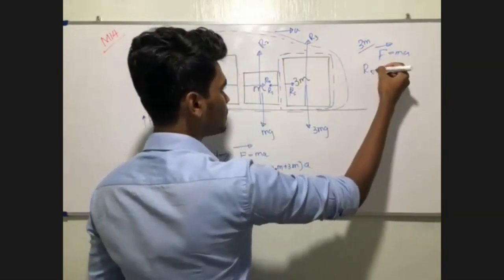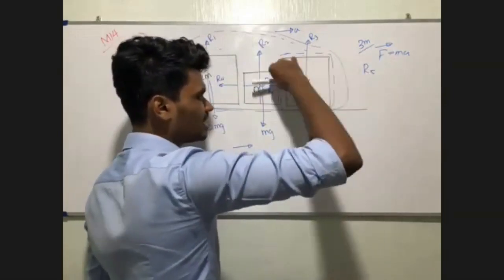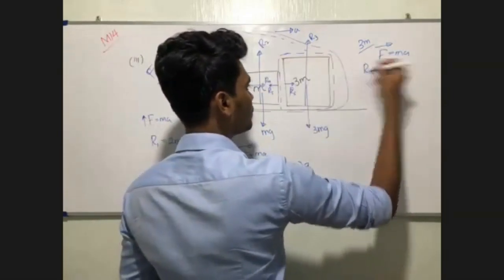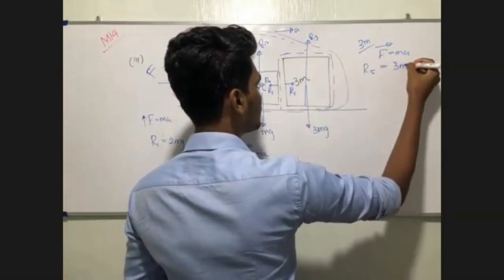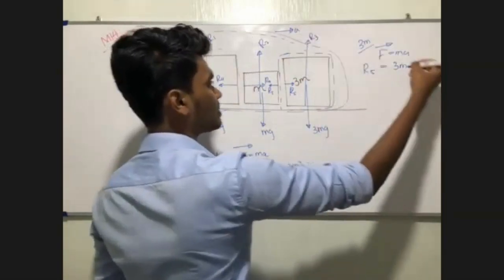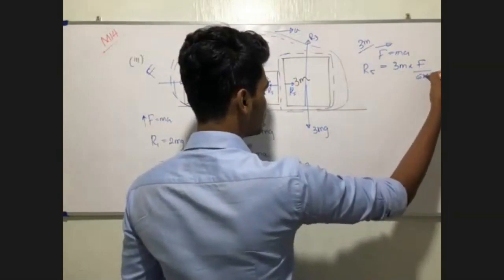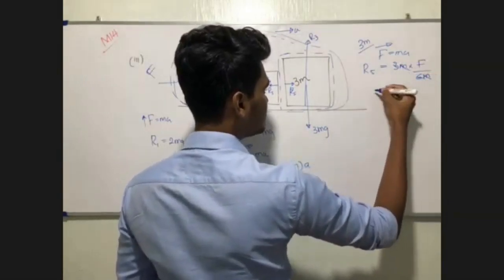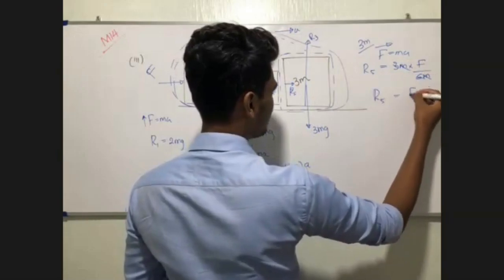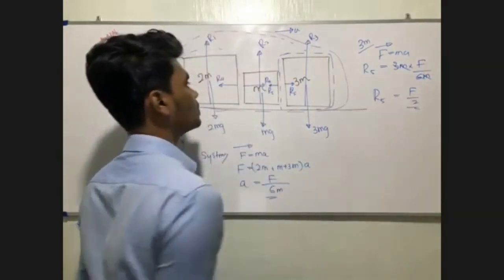R5 is equal to its mass 3m times the same acceleration A, so F over 6m times 3m. This cancels, and R5 is F over 2.